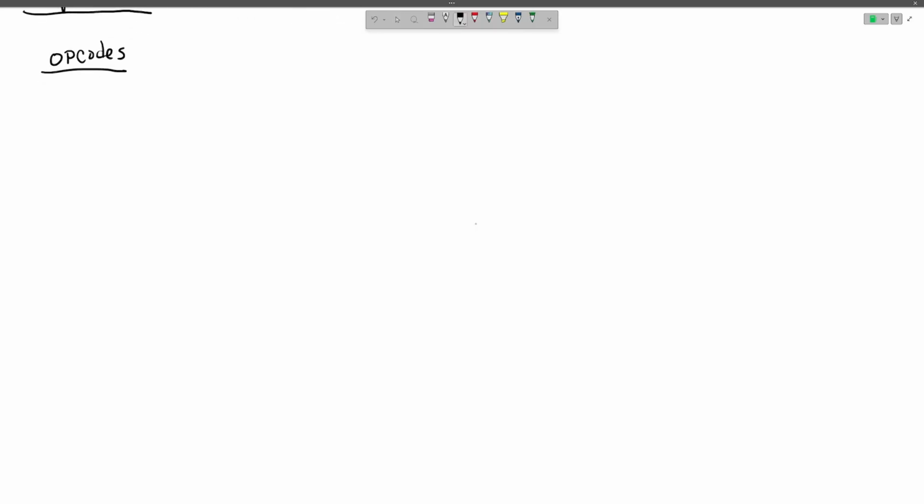For load word, that's going to be represented as a 00. And then we're going to have an operation because that's what we want. And this is going to be a load word operation. And we don't care about the function field. We just don't.